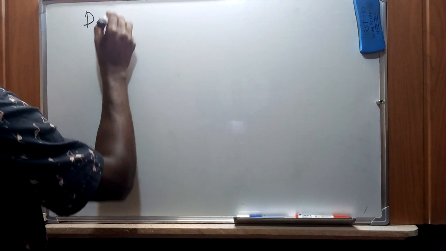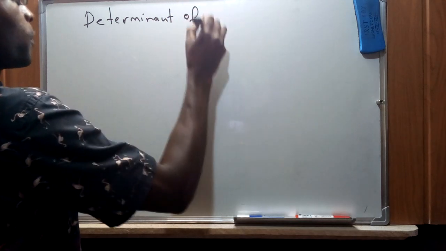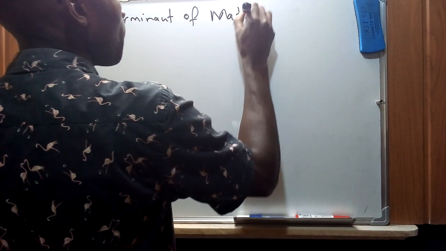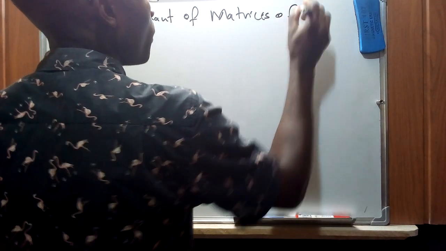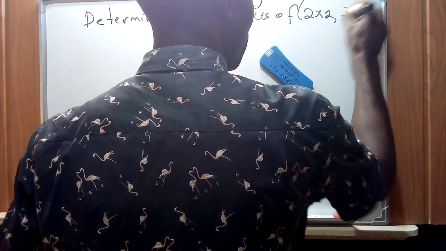So as I've said, today's topic is finding determinants of matrices of order 2 by 2 or 3 by 3.